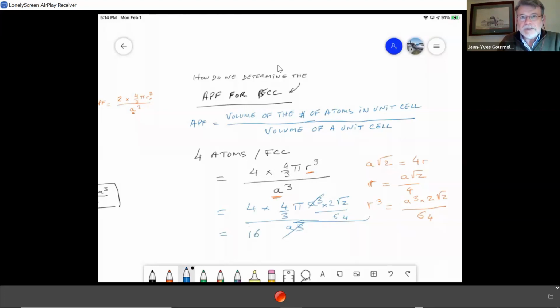Eventually you're going to have 16 pi a cubed, over 32 a cubed. I'm going to write it again because it was not clear the first time.